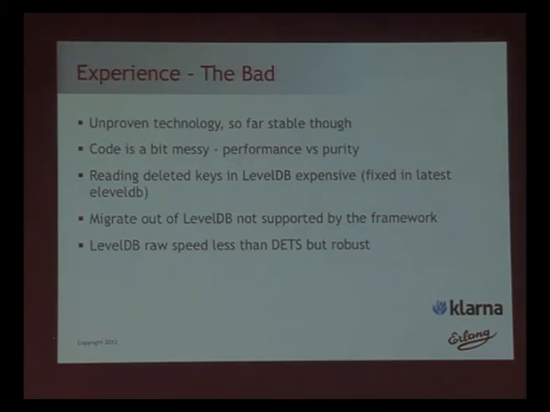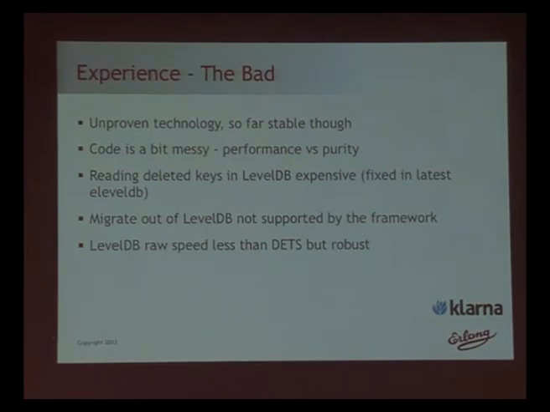It turned out the first one ran at normal speed, then it deleted all its keys, and the next one kept running slower, and so on. Apparently this is fixed in the current version of LevelDB, which we aren't using, but we fixed it by, instead of actually deleting things, wrapping every single entry we store in a tuple that has an active true or false on it, and then a delete is just setting active to false.